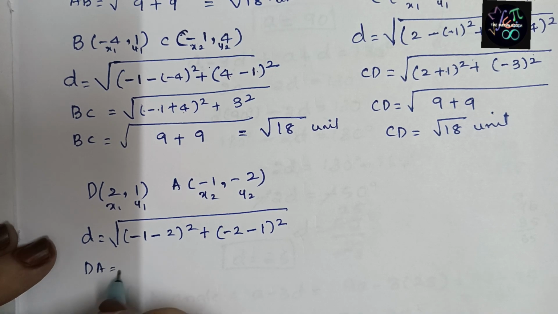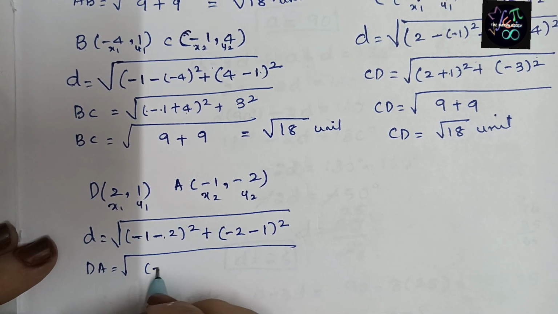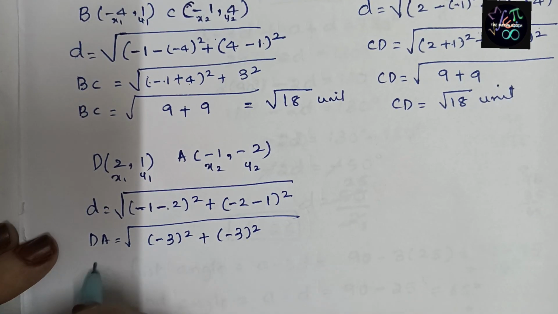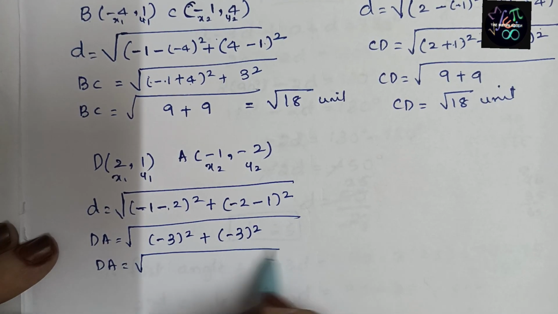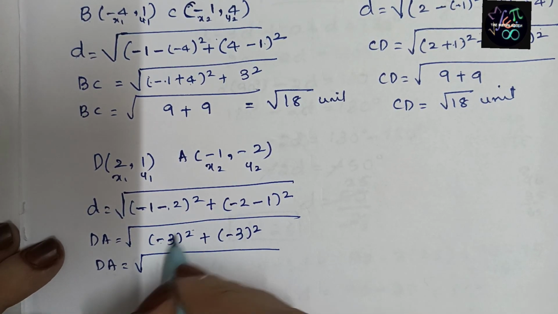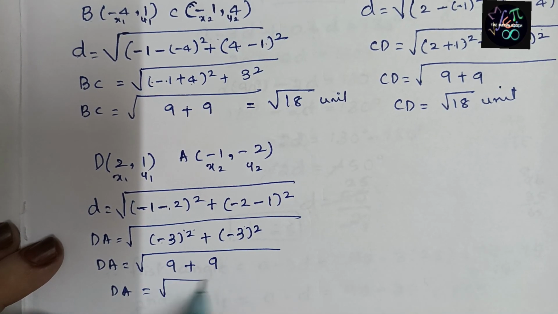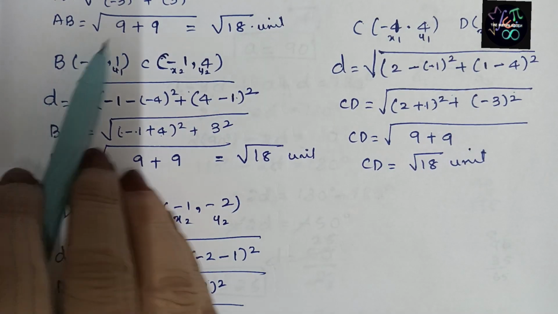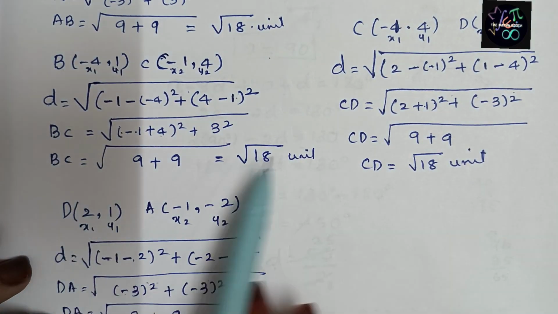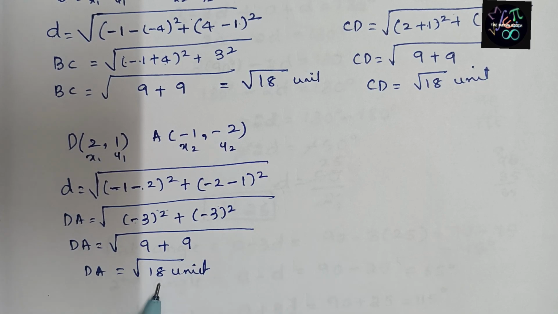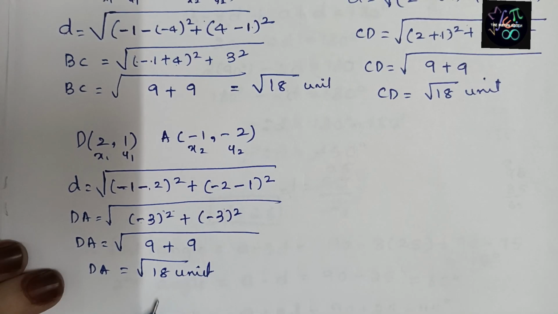DA distance is root of (both minus means plus) 3 square, and here also both minus is plus, so minus square, the minus is gone, 3 square is 9. So again we got DA is also root 18. Here we can see we got all sides equal: AB root 18 units, BC root 18 units, CD root 18 units and also DA root 18 units. So we can say the given figure is a rhombus, all sides equal.